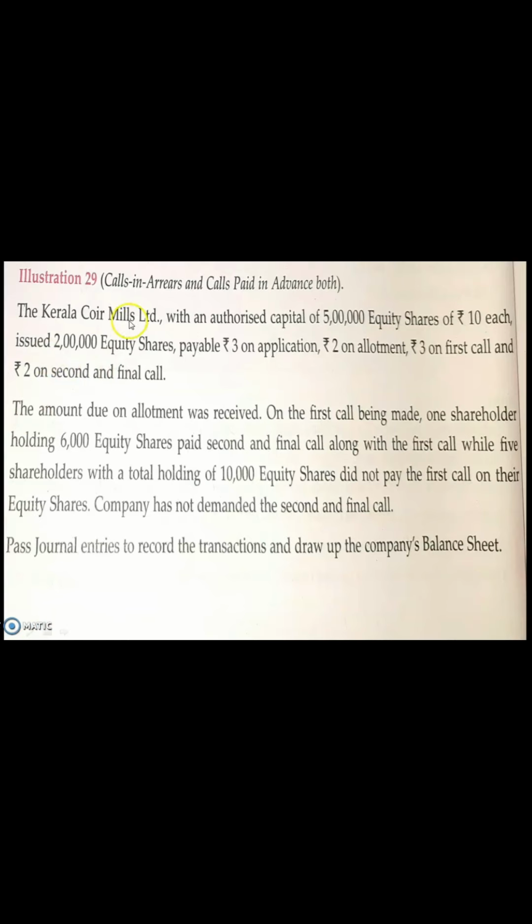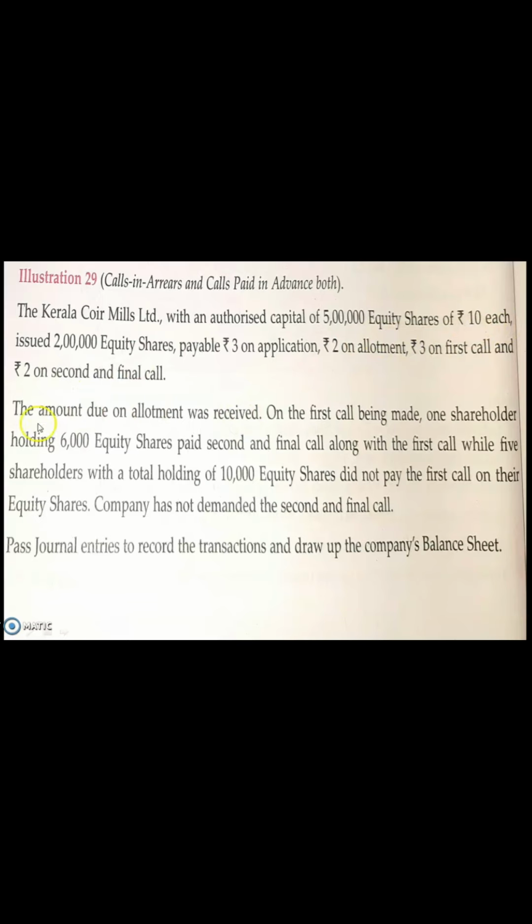The Kerala Coir Mills Limited, with an authorized capital of 5 lakh equity shares of rupees 10 each, issued 2 lakh equity shares payable rupees 3 on application, 2 on allotment, 3 on first call and 2 on second and final call. When you add these installments together, how much will you get? 3 plus 2 plus 3 plus 2, it is 10.